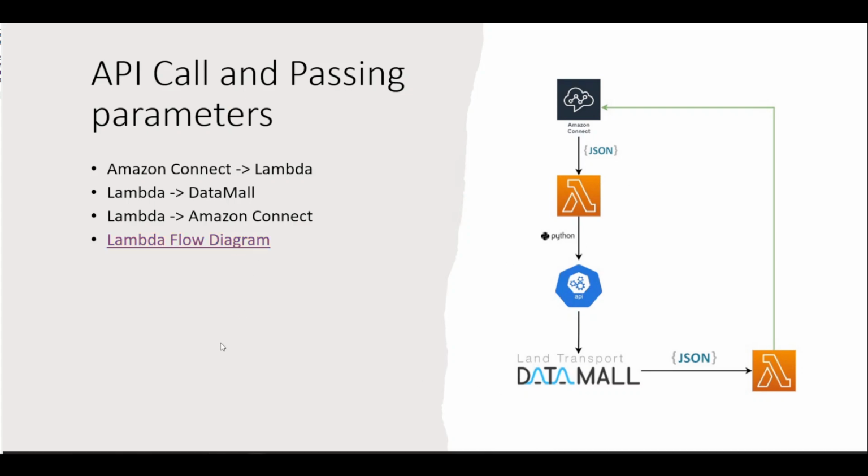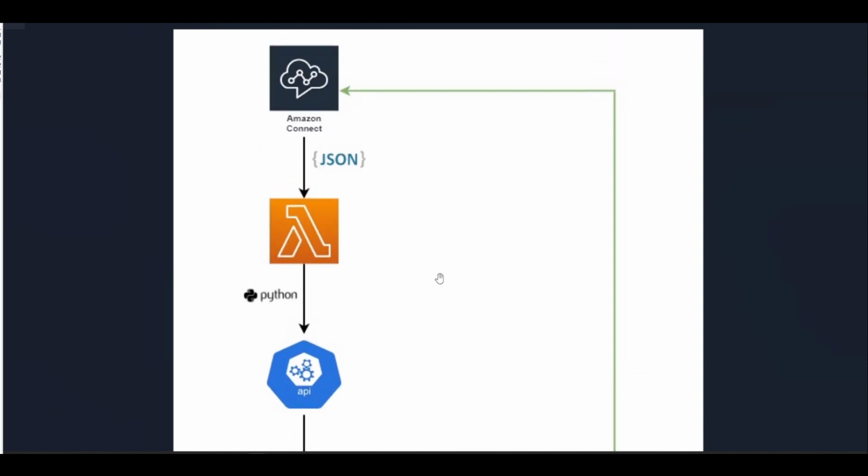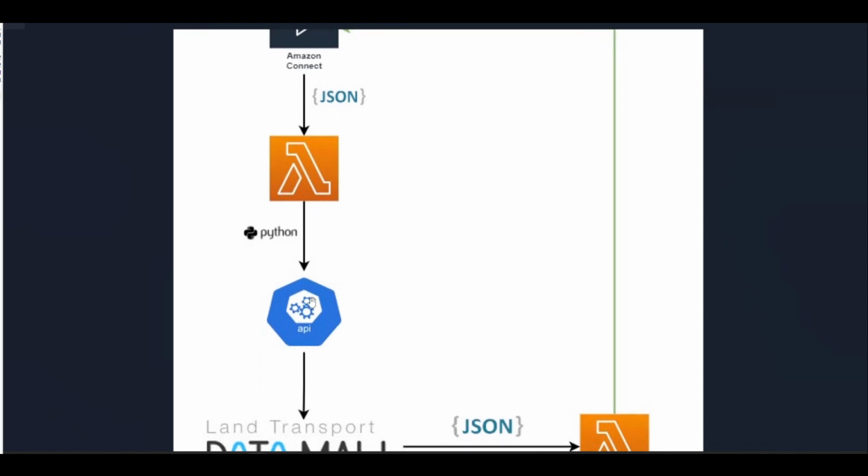Just give me a moment so the picture will be clearer. So what really happens here is, from Amazon Connect, as I said, I'm invoking the Lambda, and even that information is passed through JSON. From the Lambda, I'm using Python to get the API details.